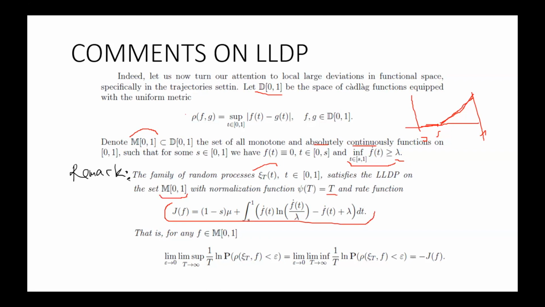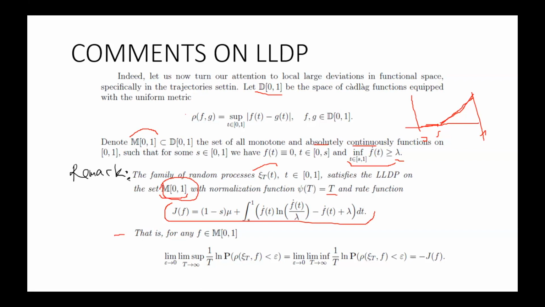For people who know the large deviation principle on trajectories of Poisson processes, we see that it's part of the rate function responsible for the Poisson process. So you see, in this set of monotone functions we really have the local large deviation principle.